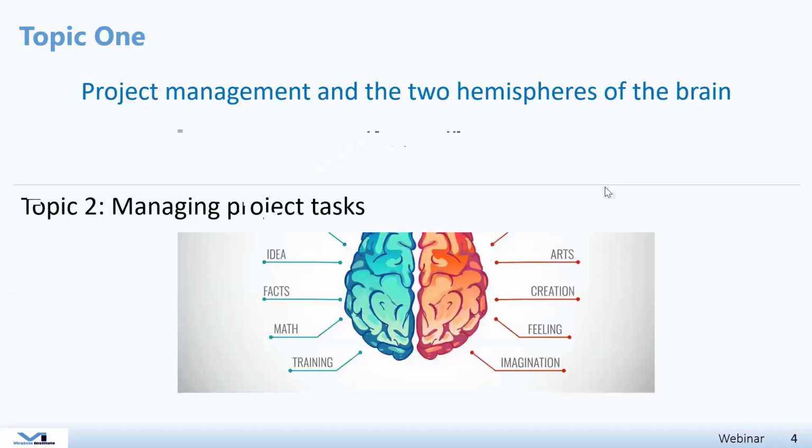So let me start with the first topic here, which is project management and the 2 hemispheres of the brain. So as you can see on the screen, there are the left brain and the right brain. If you visit any medical doctor and you ask them about the brain, they will tell you that your brain is composed of 4 parts. But in project management and in management, generally speaking, we distinguish between the left and the right brain.